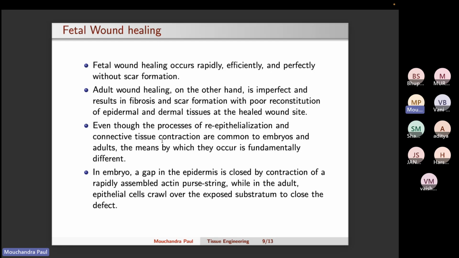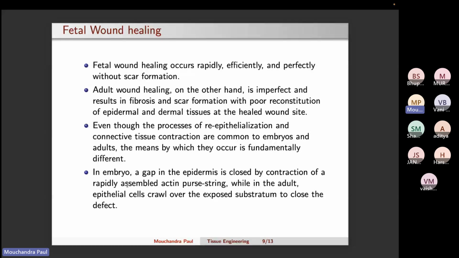This process of reepithelialization and connective tissue contraction, through the action of myofibroblasts, are common in both embryos as well as adults, but the means by which they occur is fundamentally different. Meaning the mechanism of how these processes occur is totally different.